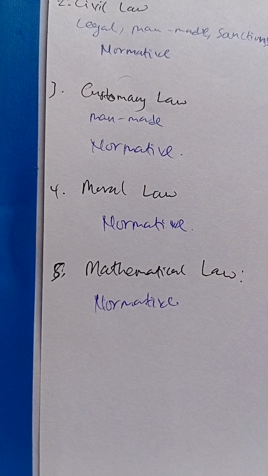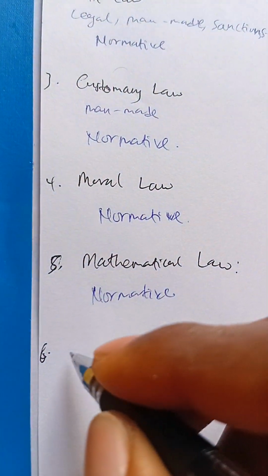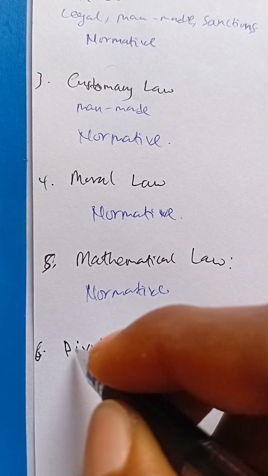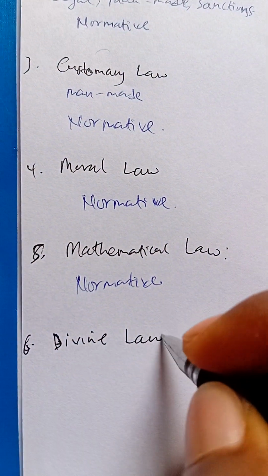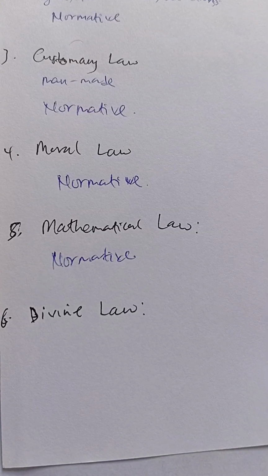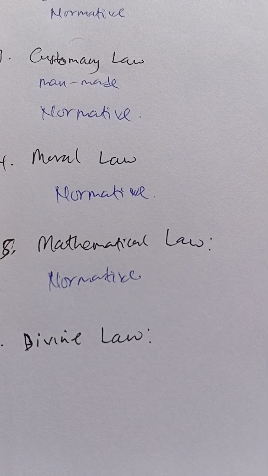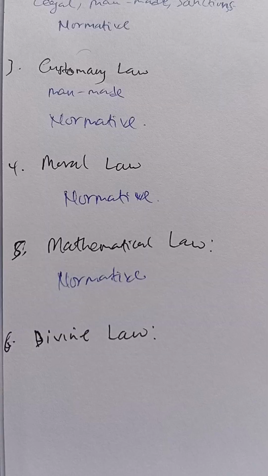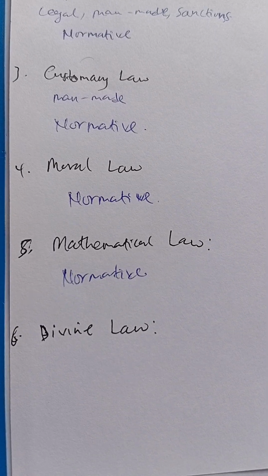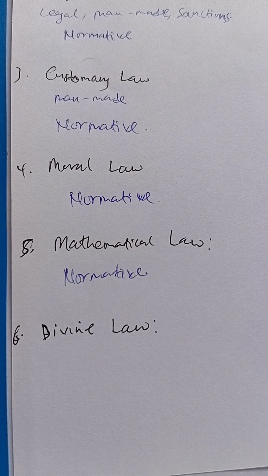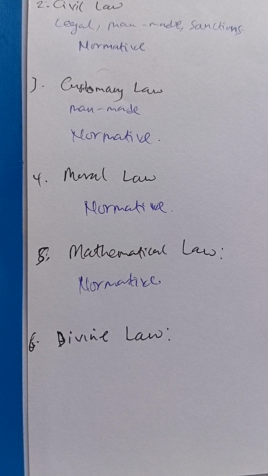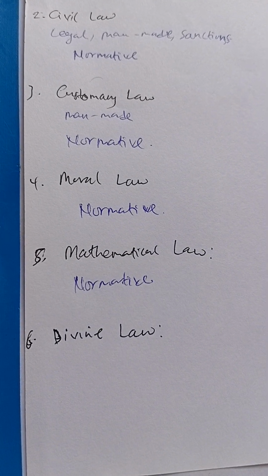We have divine laws as well. Divine law. So when it comes to divine law, it comes from a particular religious doctrine, and the authority of such laws comes from a supreme being.